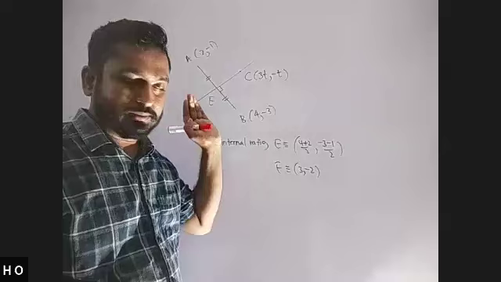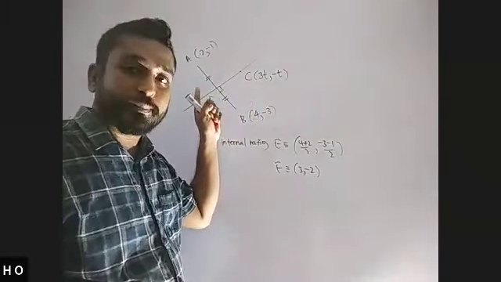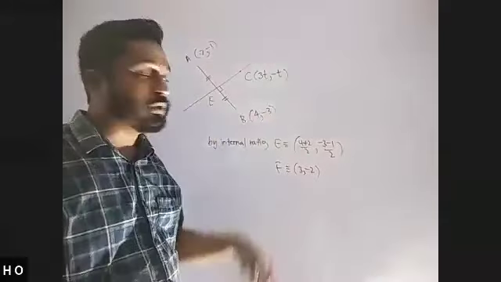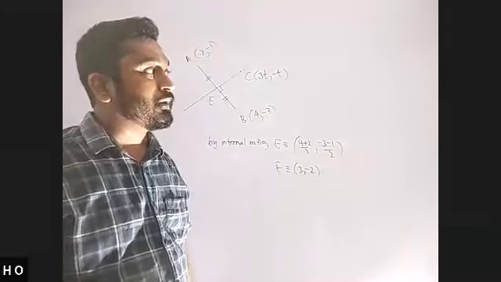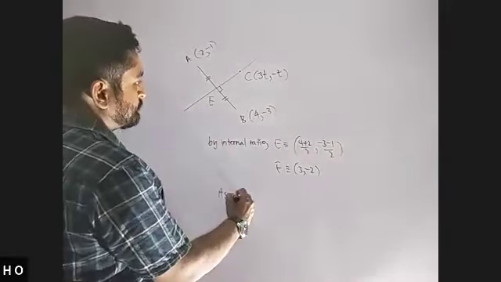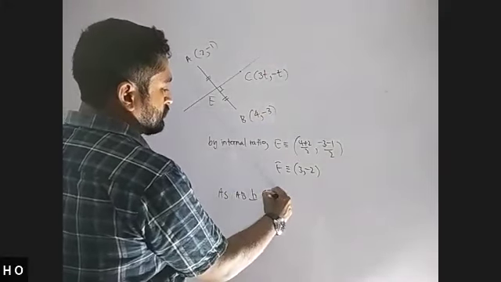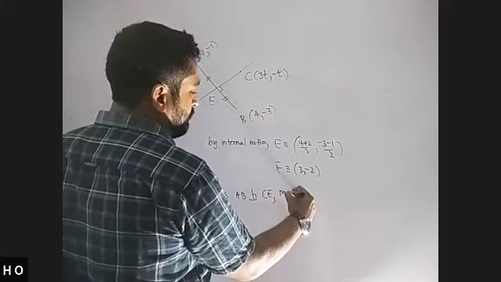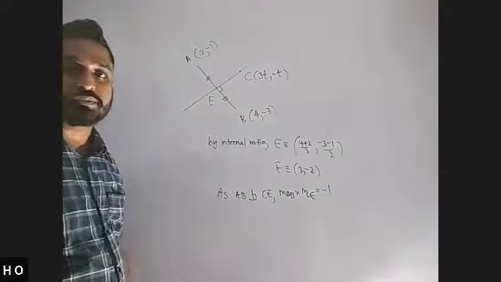As I have marked E, CE is perpendicular to AB, so you can now use the product of gradients to be minus 1. As AB is perpendicular to CE, m_AB times m_CE is minus 1.